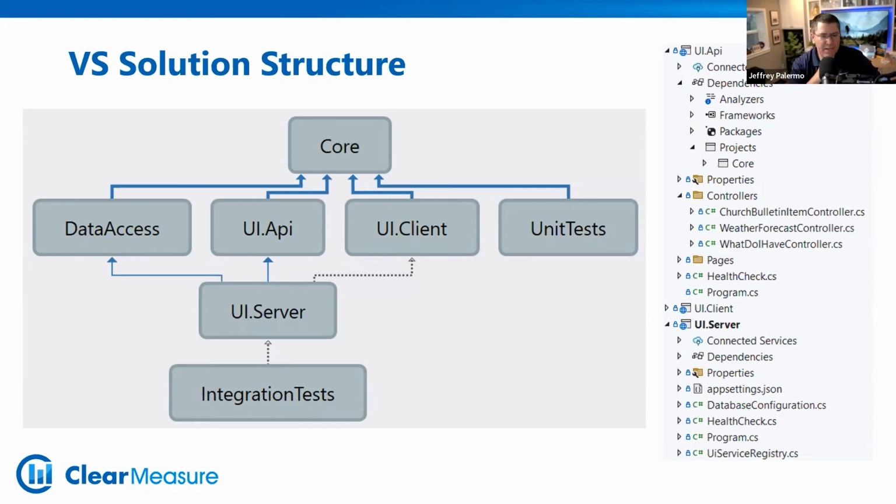Now, the default template puts all of the configuration and startup logic in the Program.cs file in your server application, where we create the host builder, we set up the services collection, we add Blazor, all these things, and then we call build and we call run. That is configuring the application. We read in appsettings.json and all that. So we configure and then we run the application. That's an important responsibility.